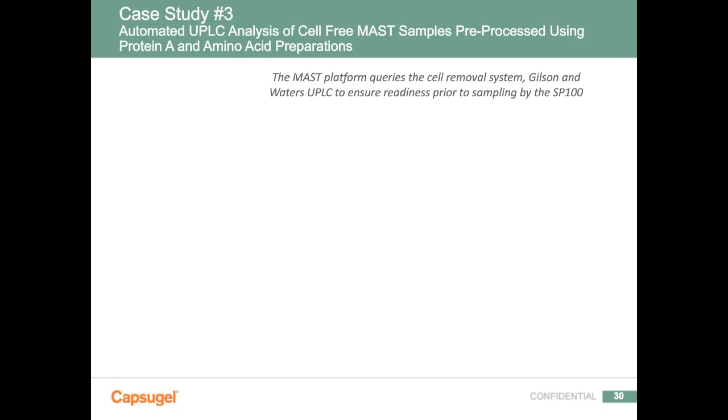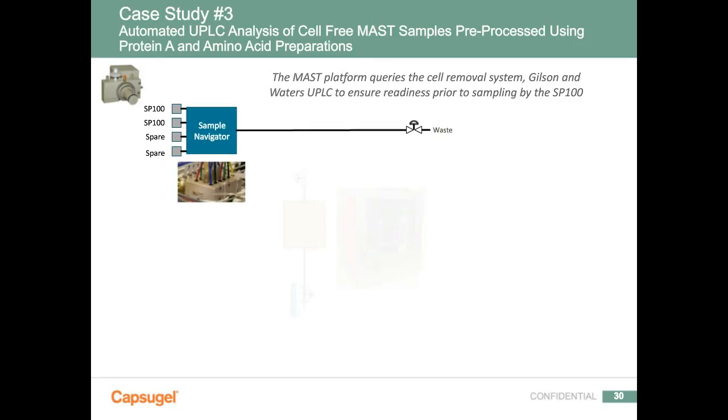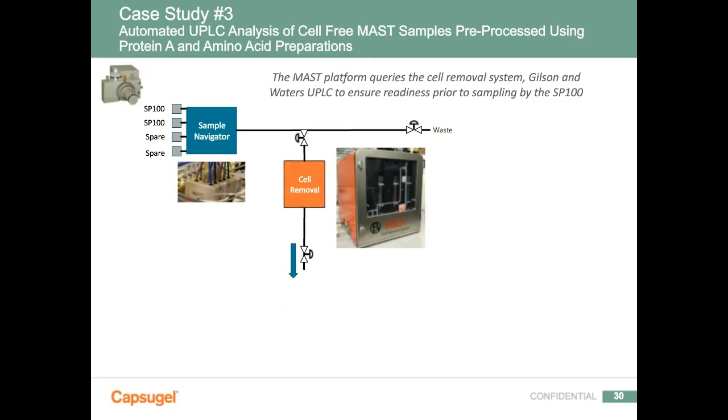The MAST platform talks to the cell removal system, the Gilson, and the Waters to make sure everybody's ready for samples. Otherwise, the samples aren't initiated. In this particular application, there were 2 SP100 units drawing samples that were routed through our sample navigator and then into our cell removal system, which I will talk a little bit more about in the development section.